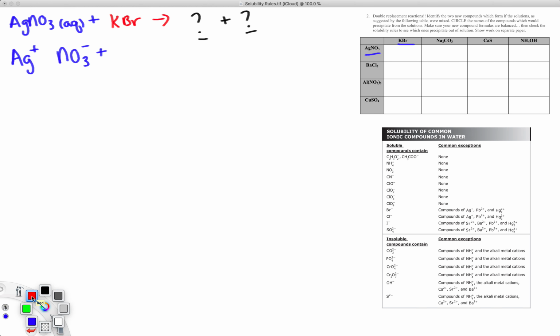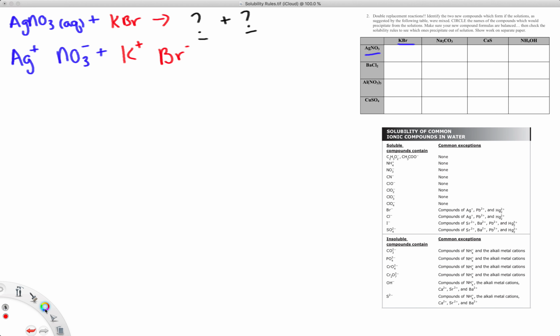And then I need to do the same thing for potassium bromide. Potassium, we know that's in group 1, so that's going to be a +1 charge, and bromine is going to be -1. Now I've broken these down, and what I've actually done is shown what happens to these substances when they are in water.